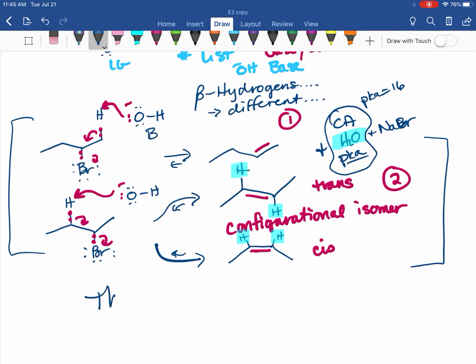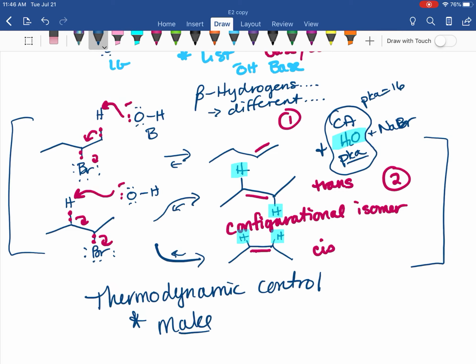Okay. So this reaction, because it's possible to be in a little bit of an equilibrium, we are going to call this something called thermodynamic control. Anytime your reaction can go backwards and forwards, anytime it can be in equilibrium, you will always make the most stable product.